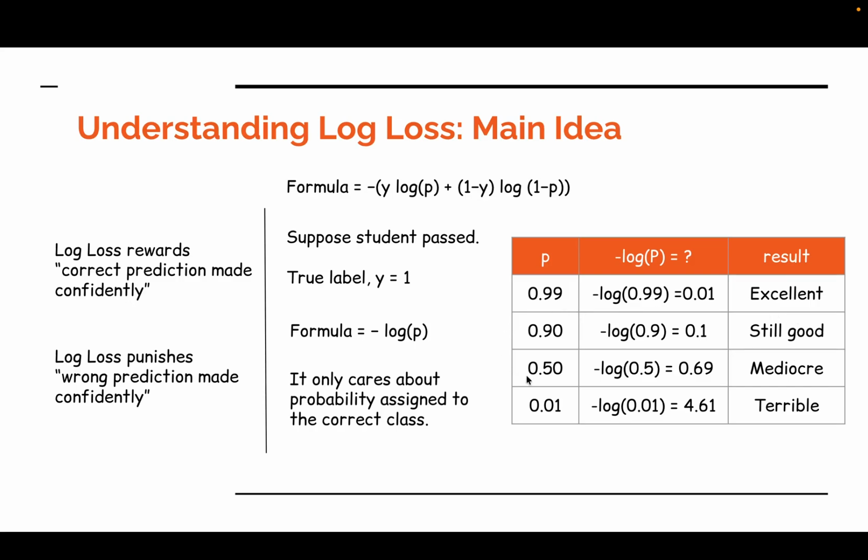When we have a probability score of 0.5, we get a log loss of 0.69. The result is mediocre because we are not confident enough in our result. And when we have a probability score of 0.01, we see that log loss is 4.61 and the result is terrible because we are predicting with 99% certainty about this incorrect prediction.